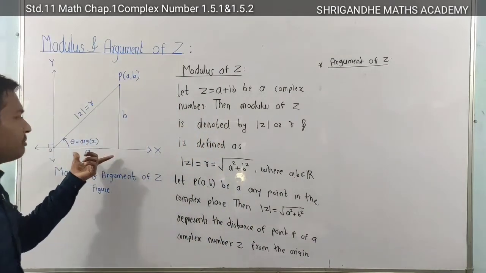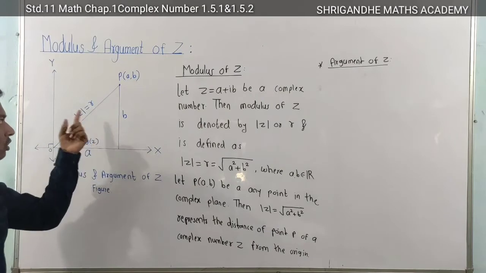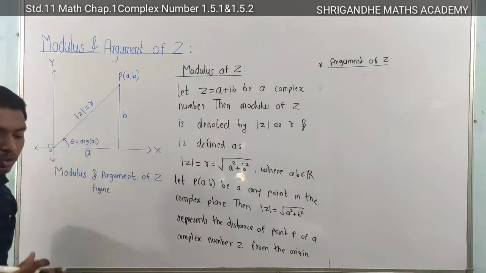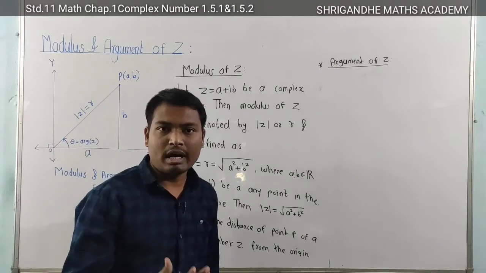Students, from this figure the sin theta is equal to b upon r. Okay, because we know that sin theta means opposite side upon hypotenuse.